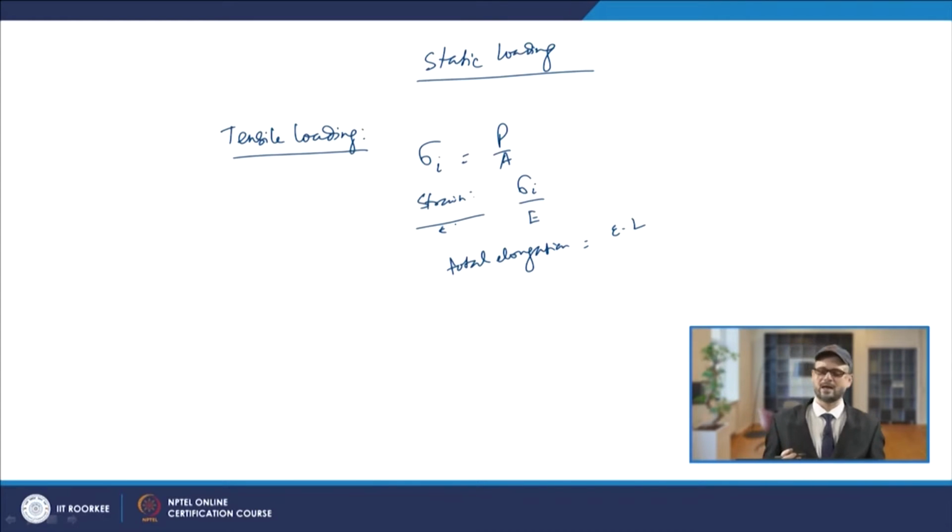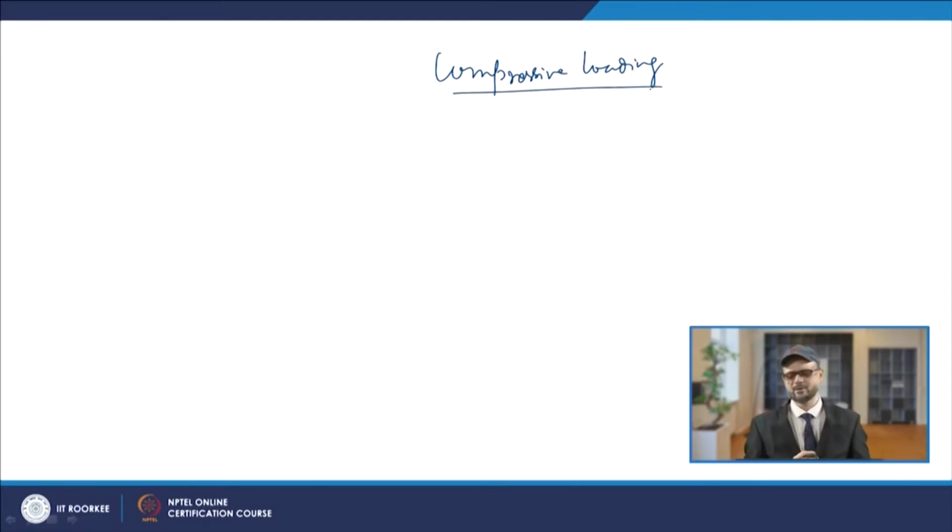Now, if you have the case of compressive loading, basically the members will be subjected to crushing if the compressive strength is exceeded, that is, if the stress which is generated is more than the compressive strength of the material.